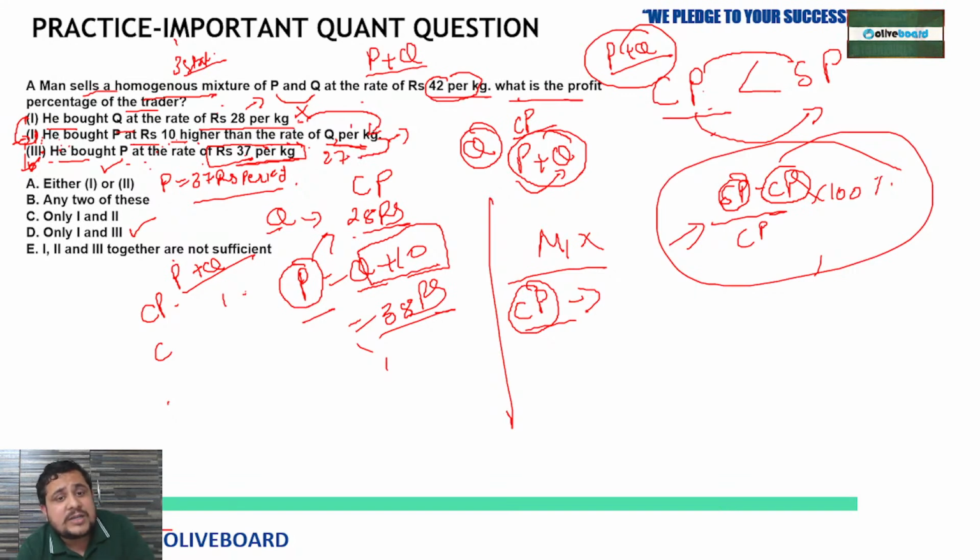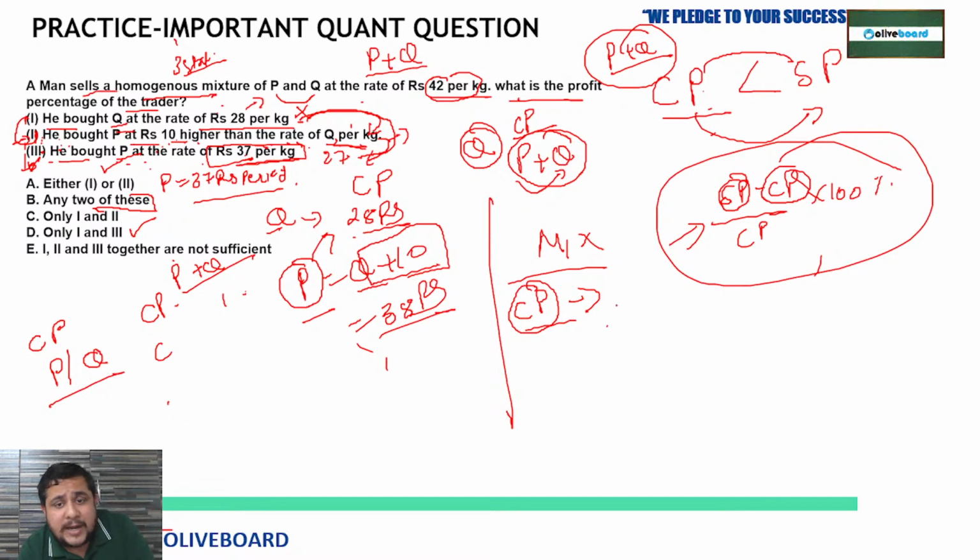And if we merge first and third also, in first directly the cost price of Q is given, and in third directly the cost price of P is given. So just remember, if I use any two of these, I will get the cost price of P and Q separately.